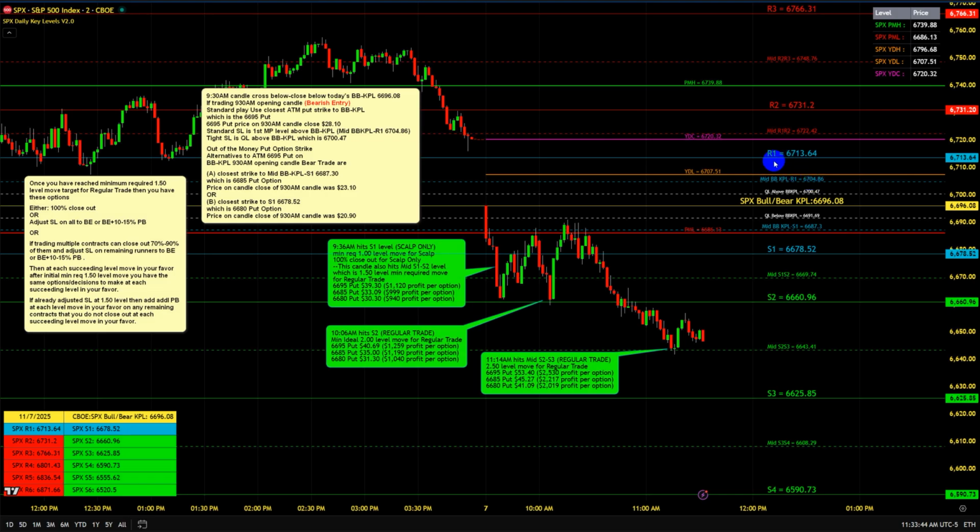The next level we would look up is one level above, that's the furthest out of the money we can consider, 67.1364, so that would be the 67.15 call. And it basically works the same off bullish and bearish trades from any other main level as far as determining the out of the money and at the money strikes.